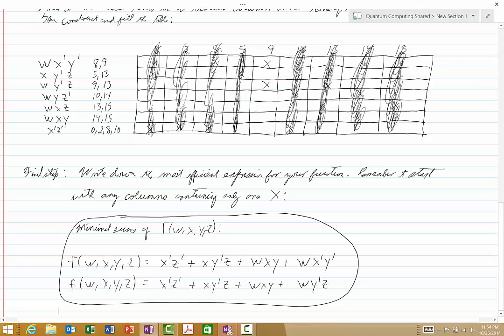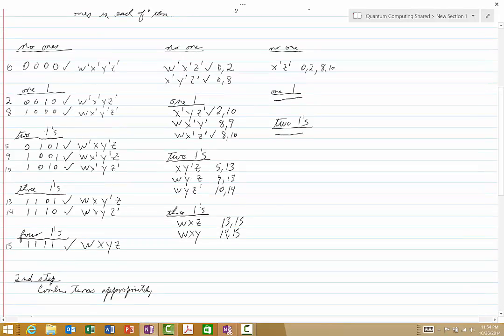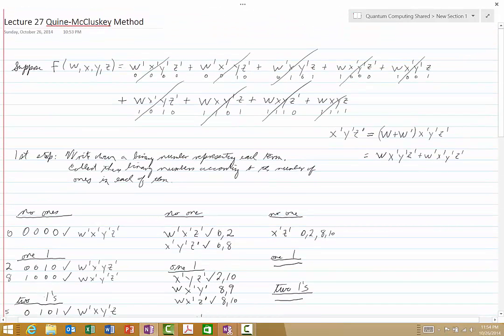of the variables. The variables appear 1, 2, 3, 4, 5, 6, 7, 8, 9, 10, 11 times. There are 11 appearances of the independent variables in each one of these expressions, 11. And notice what a significant improvement we've made, because originally we had 9 terms and 4 appearances in each term.